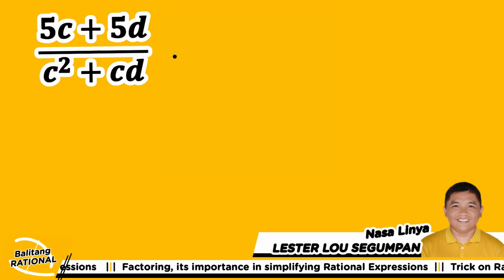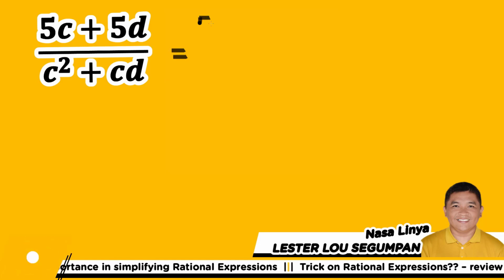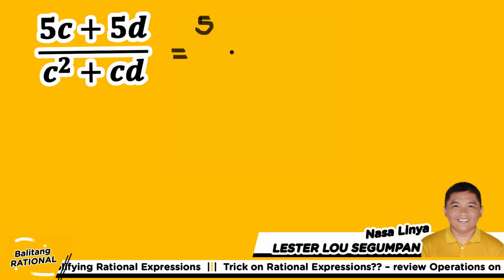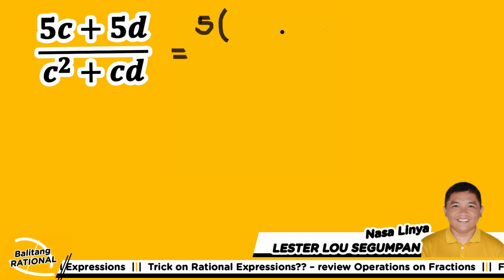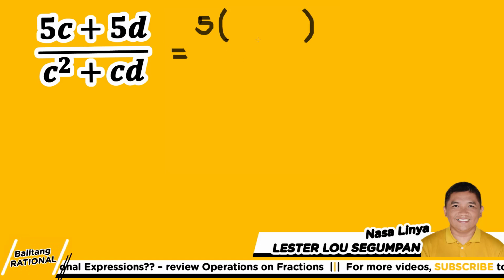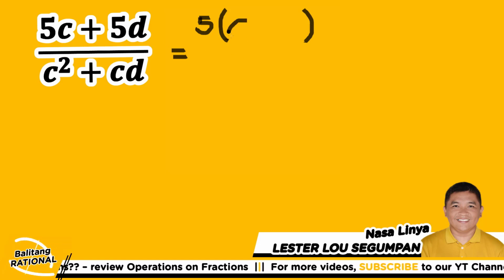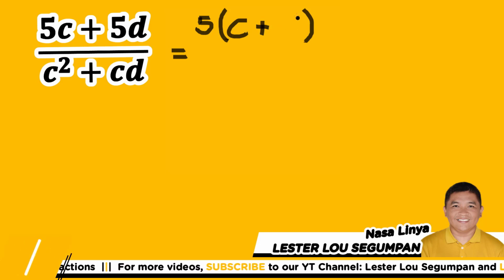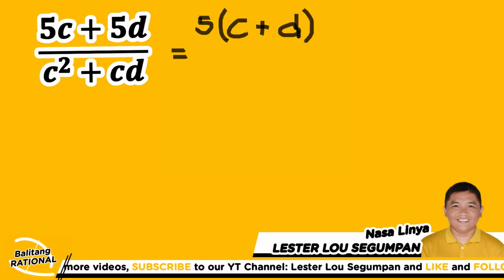Okay? So let's try to equate this. Yung common coefficient natin is 5. Okay? Itong 5 is ating i-factor out at saka yung matitira is still a binomial. So when we remove 5 from 5c, we are left with c. And if we are going to remove 5 to 5d, we still have d on our second term. This is the common monomial factoring.